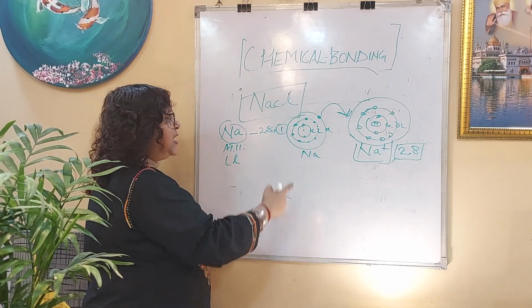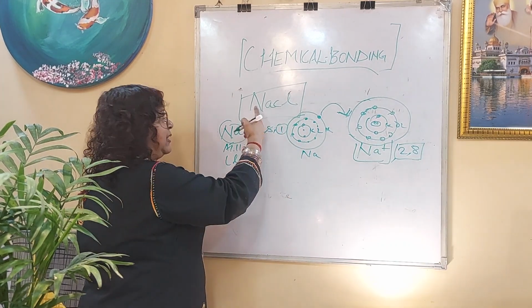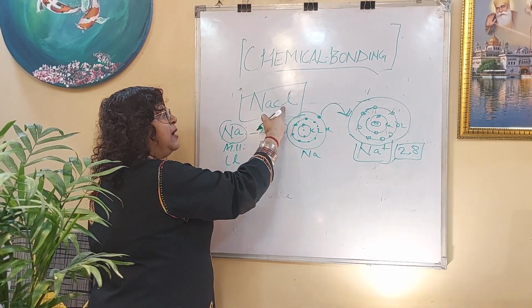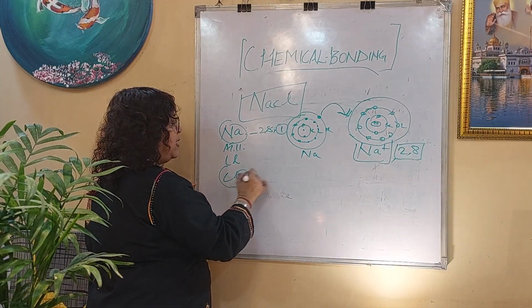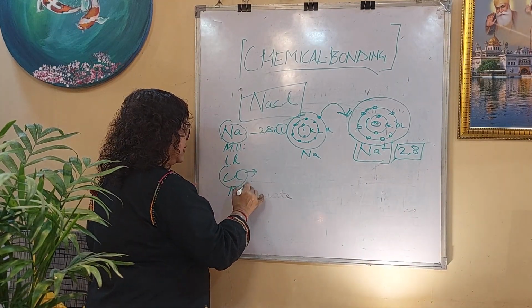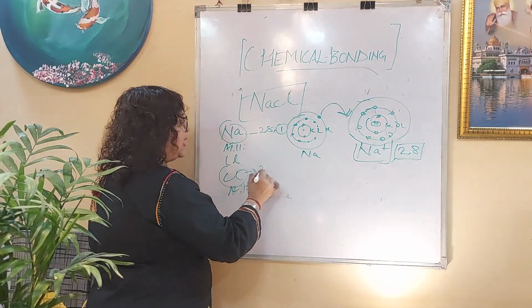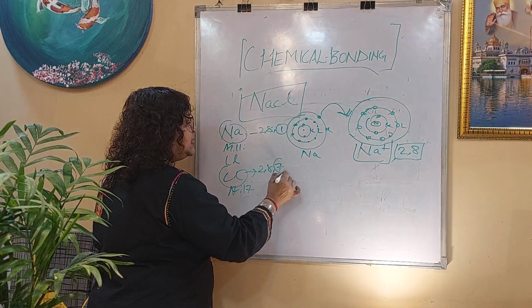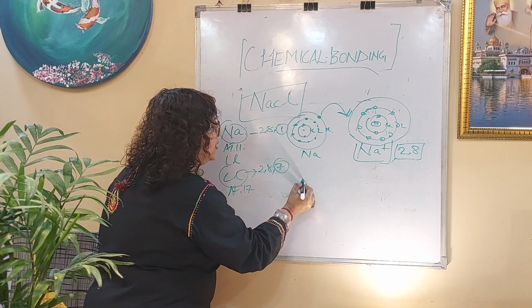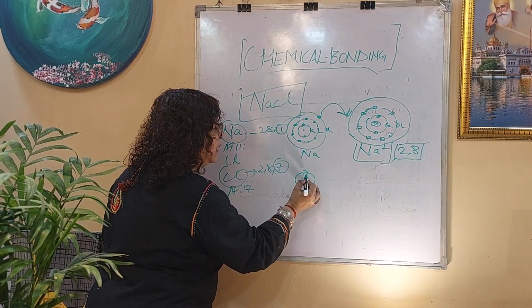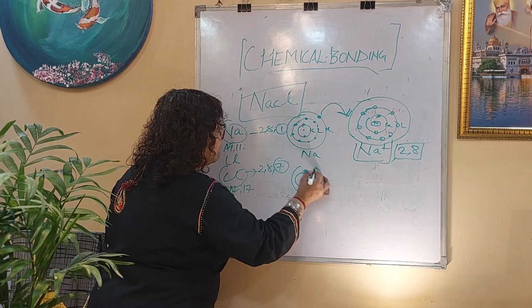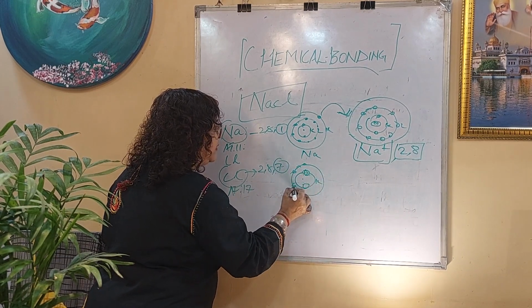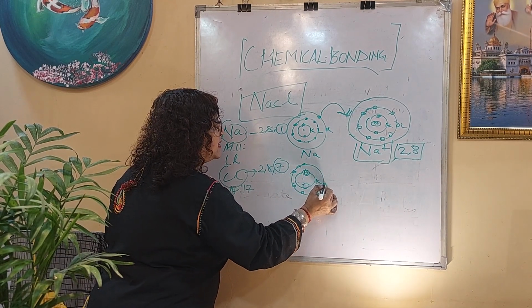Now that electron which has gone, we take the example with another element, chlorine, which is a non-metal. Chlorine atomic number is 17. We write it as 2, 8, 7. So here again K shell, L shell 1, 2, 3, 4, 5, 6, 7, 8.